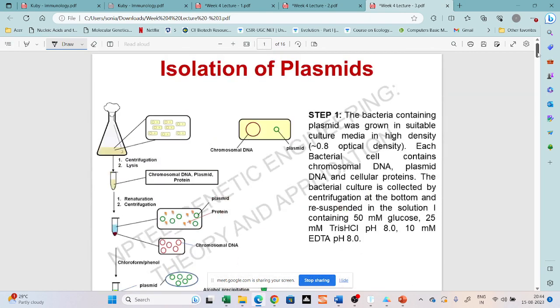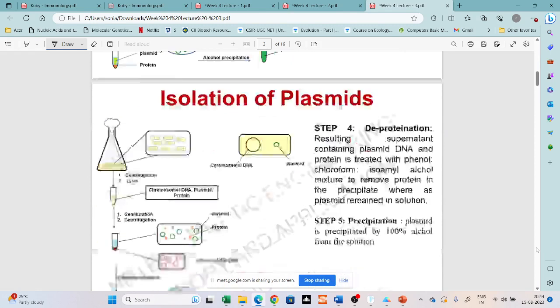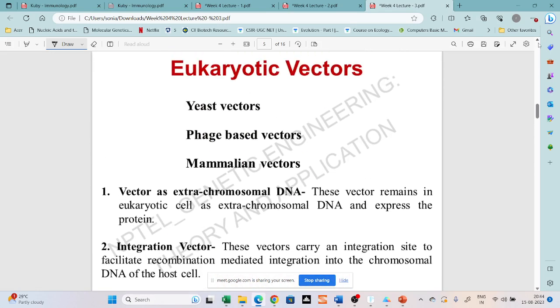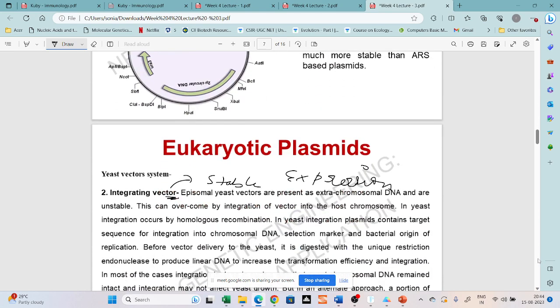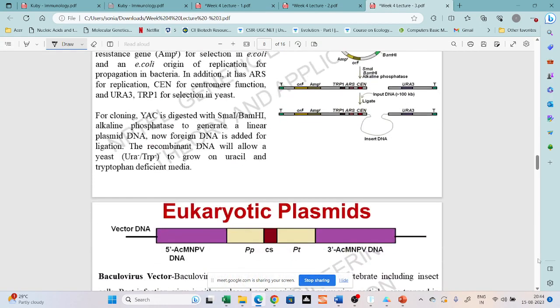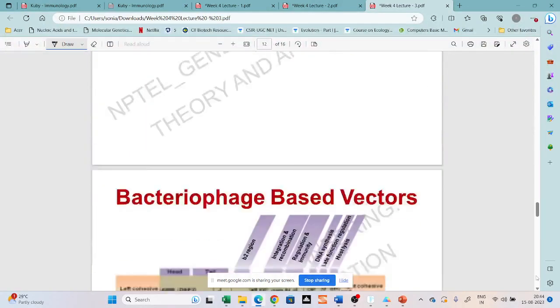Then we have studied the different kinds of plasmids, the isolation of plasmids, the bands, the eukaryotic vectors. The eukaryotic vectors can be yeast based, phage based, and mammalian based vectors. Yeast based vectors can be episomal or integrating. Then yeast artificial chromosome. Eukaryotic vectors may have baculovirus, which infects the insect cells. Then we have mammalian based vectors.